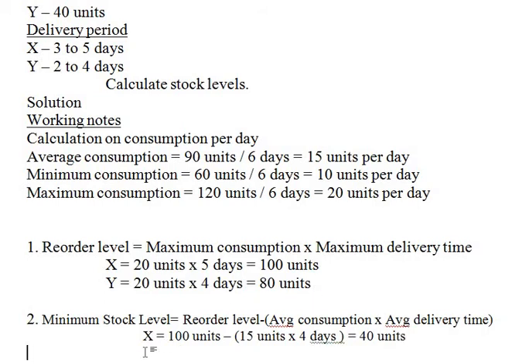Same calculation for Y also. Y is equal to, as per your first point, reorder level is 80 units for Y, 80 units minus average consumption, which is the same, 15 units, into average delivery time for Y. 2 plus 4 is 6 divided by 2.